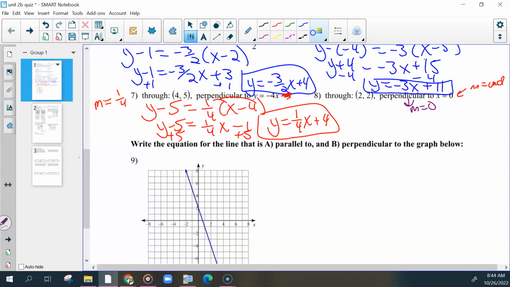With work, you would put the 0 in your formula just like you would usually. But when you go to distribute the 0, 0 times anything is just 0. So all of this side just becomes 0. And you add 2 to the other side. So y equals 2 should have been your final answer.